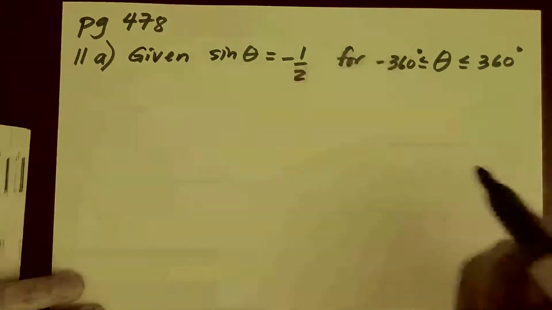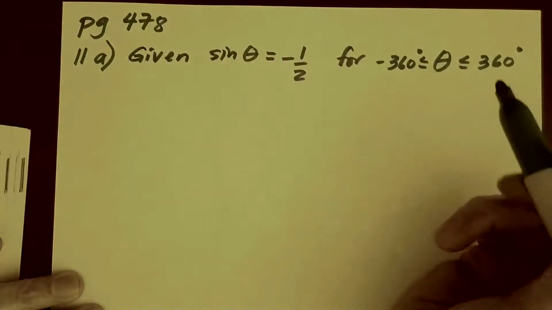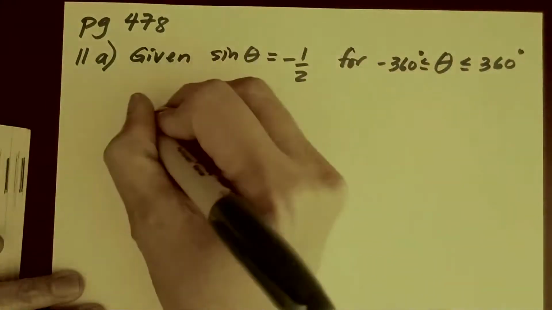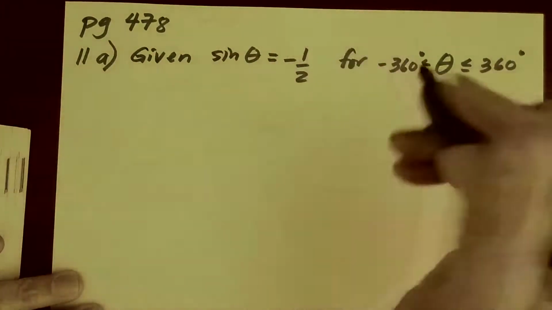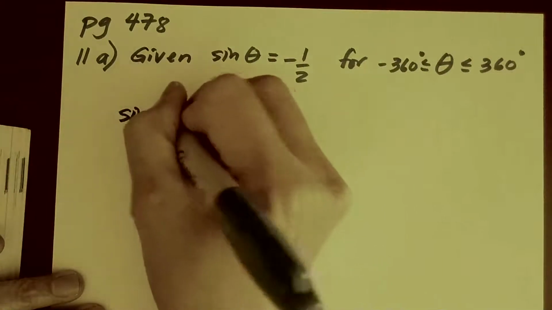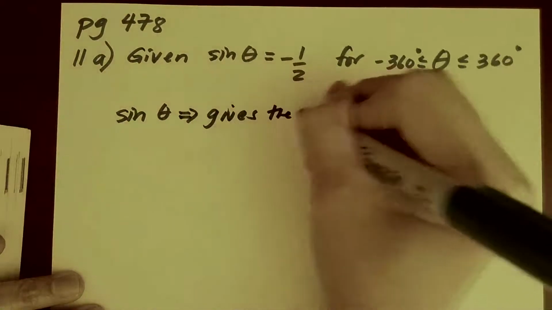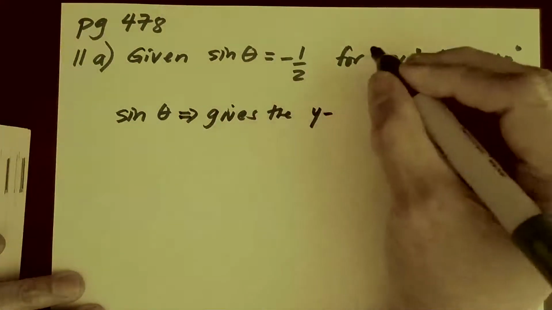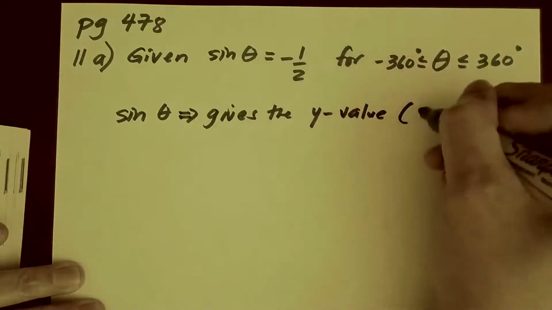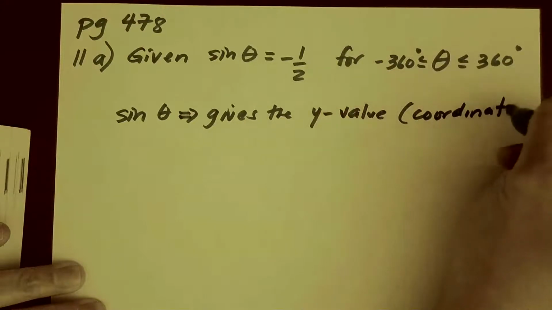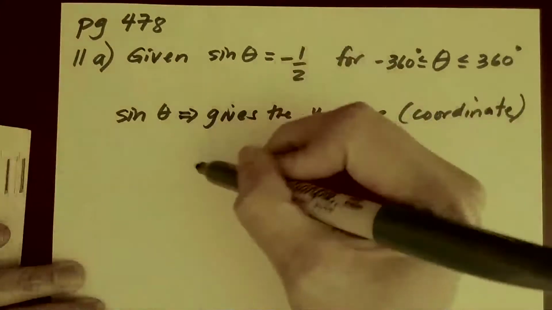Now what does this mean? What does sine of theta equal to -1/2 mean? The sine of theta is actually the y value within the unit circle. So sine theta gives the y coordinates.